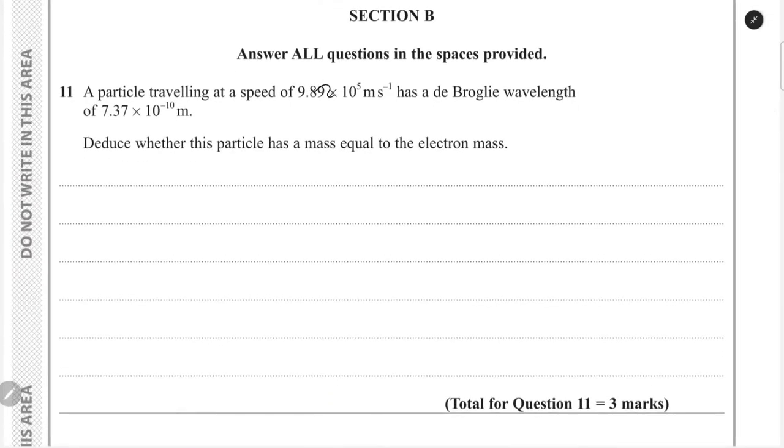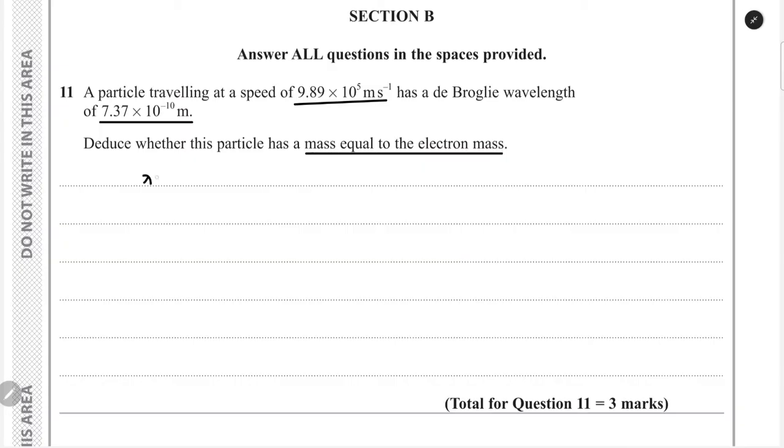For question 11, we are given a particle traveling at a given speed, and we are given its de Broglie wavelength. We have to find if this particle has a mass equal to the electron mass. So I have to find the mass. I'll use the de Broglie equation, which is lambda equals h divided by mv, or h divided by p.